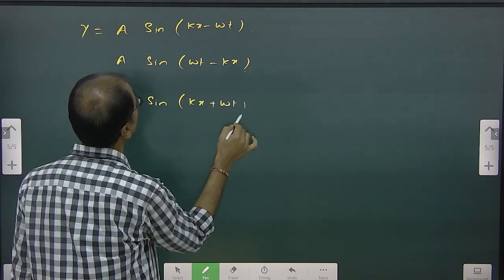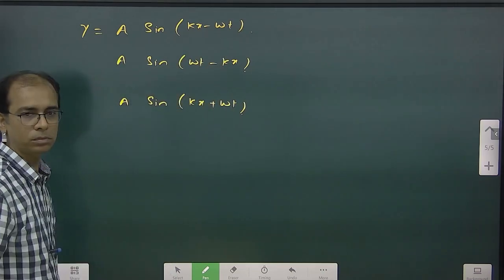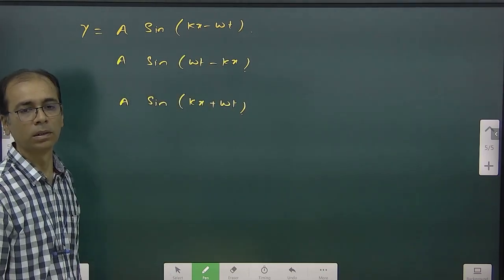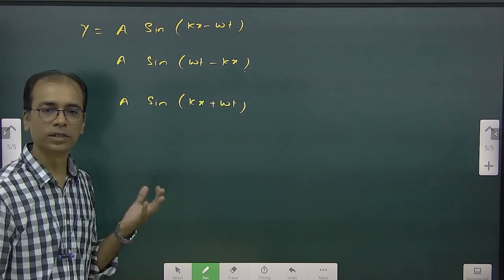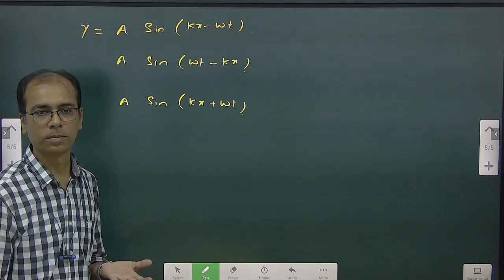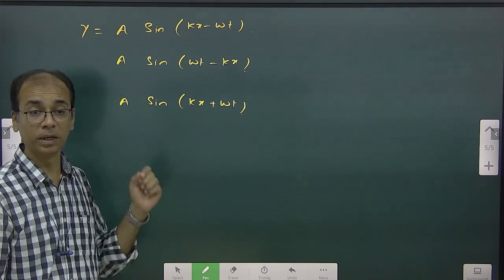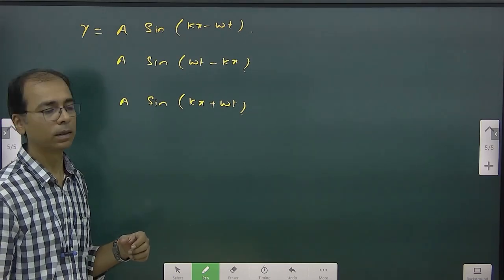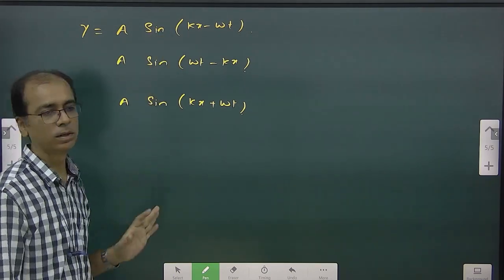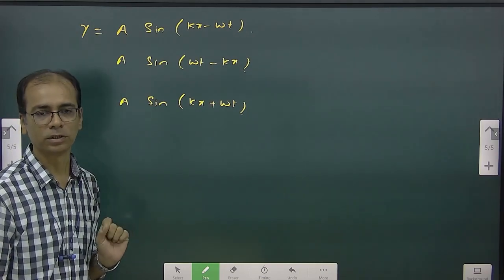Same way we can write in the form of cos also. Okay. Sine and cos, we have seen in simple harmonic motions. Both are harmonic motions which repeat themselves. Right. So here also we are showing sine and cos functions.